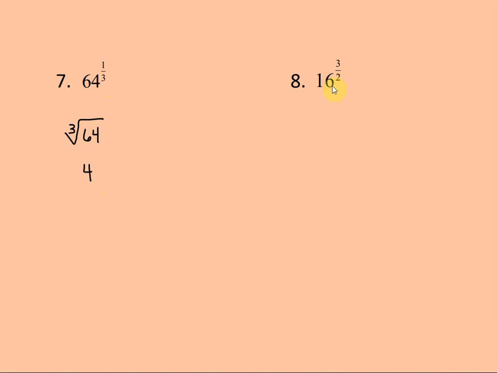Number 8, we have 16 to the 3/2 power. Remember, the bottom number is my root. Roots grow on the bottom, so it's the square root of 16, and then that's raised to the 3rd power. To simplify this, you could actually do it in either order.